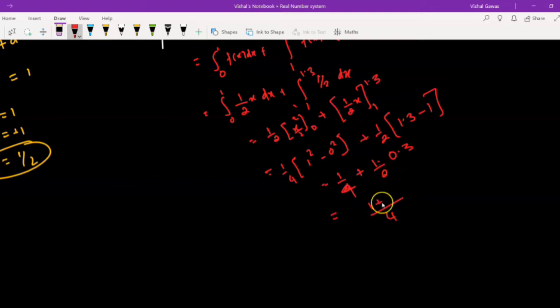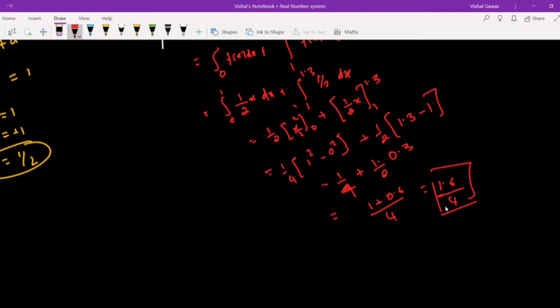So this is 1 plus 0.3 into 2 gives me 0.6, because 3 into 2 is 6 times 10 raised to minus 1, which is 0.6. So this would be 1.6 by 4. You can check what this answer is, but you can leave it up till here. So that's the answer for the second question.